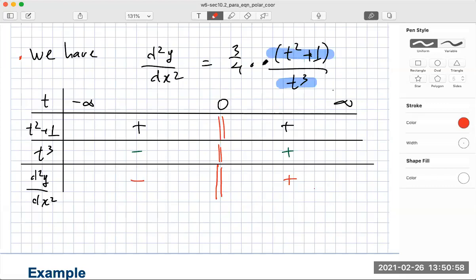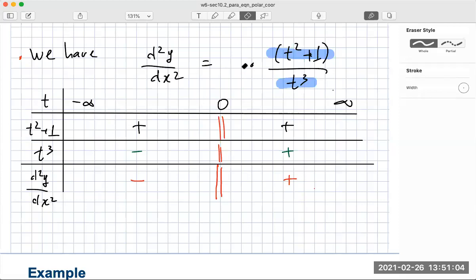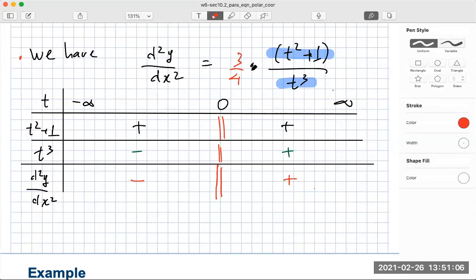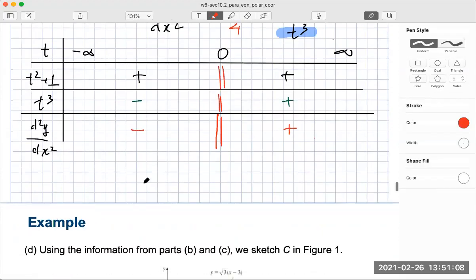Here, the second derivative will be this multiplied with a positive number, 3/4 here. It does not affect the sign of these. Therefore, in short, we see that in this interval, the function will be concave downward, yes.